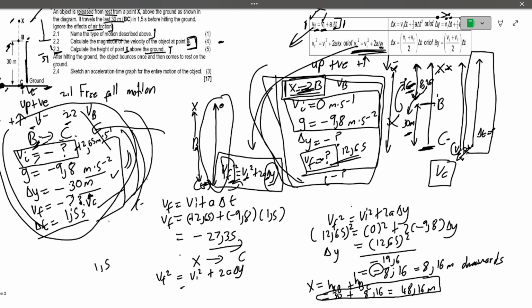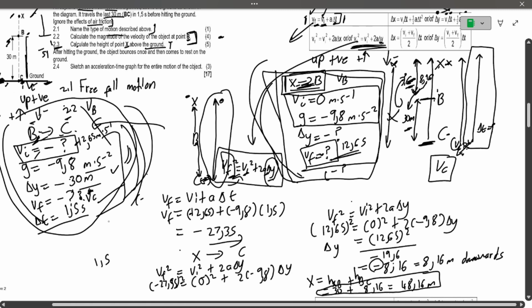So the v final, we got it to be negative 27.35 squared, and then the v initial from the whole motion, at x it was dropped, so zero, plus 2 into negative 9.8, and then change in y, we are looking for it. Let me make a small space.